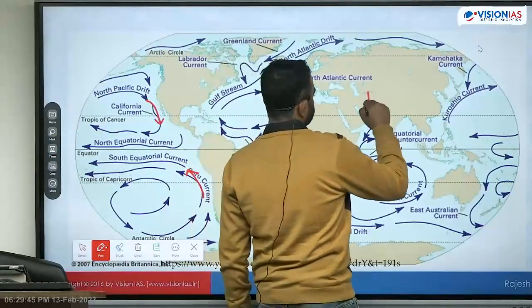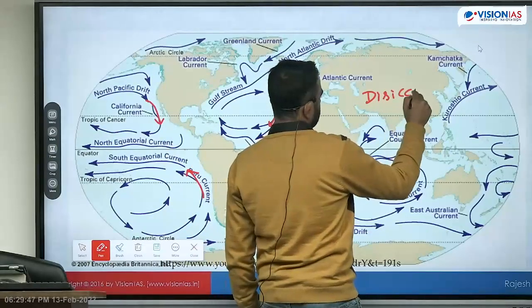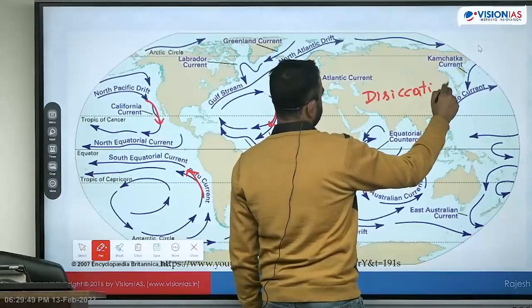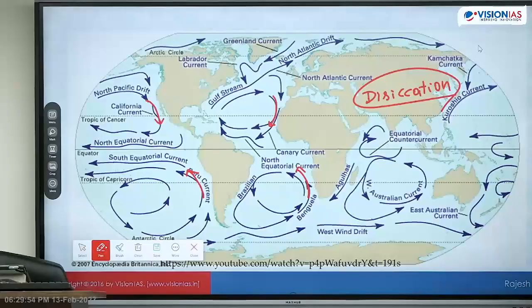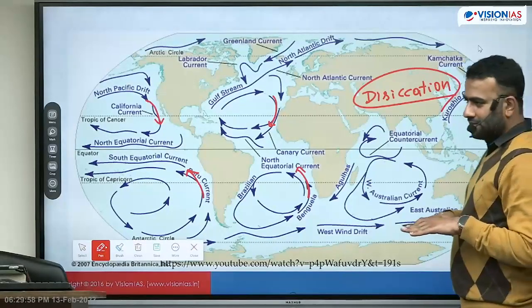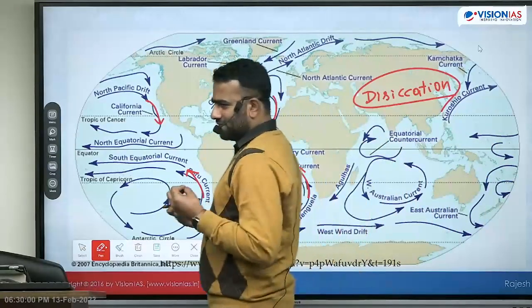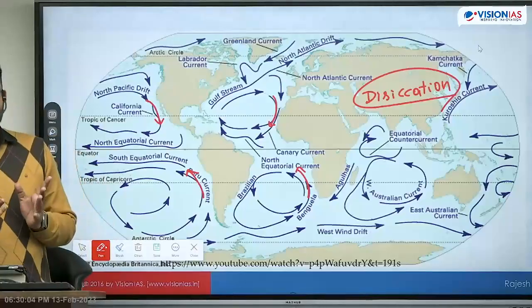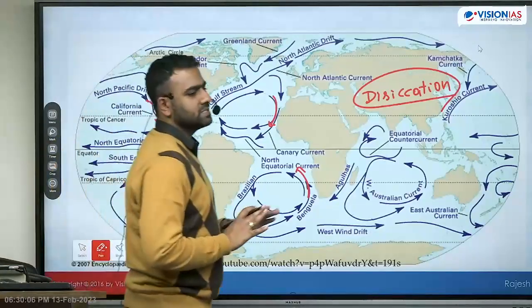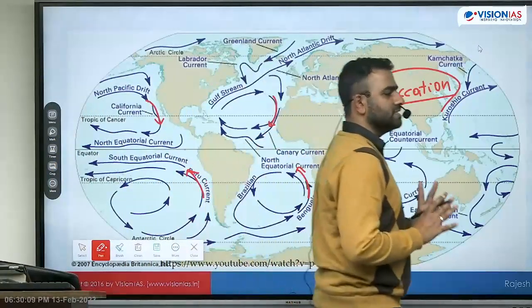So that condition is called the desiccation effect. That means whatever air is above these cold ocean currents remains totally dry. इसके अंदर moisture content होता ही नहीं है. So why? Normal evaporation is less because the temperature of the water is less.